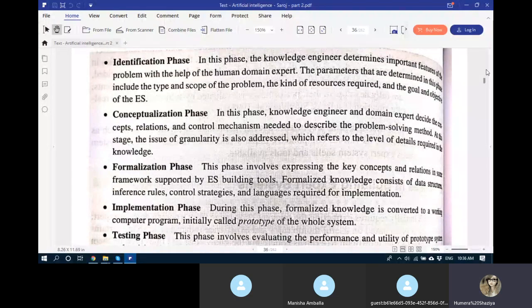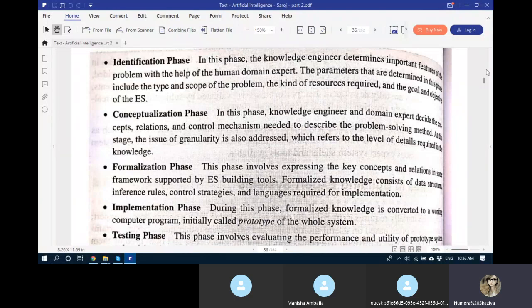Who has to test this? This testing has to be done by the domain expert. If you have created a computer program to exhibit the behavior of a cardiologist, then a cardiologist only has to evaluate that computer program, which is called an expert system.